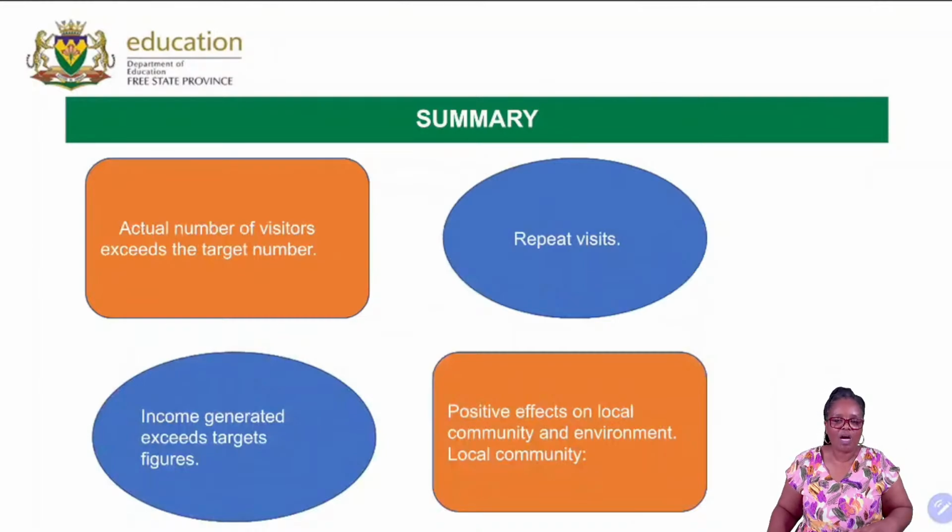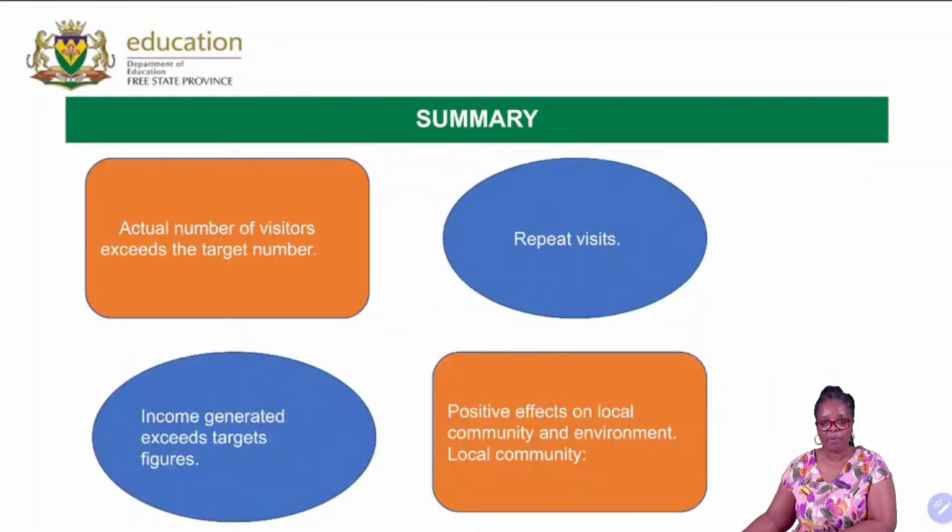And we talk about that they are making more money, more than what they have planned for. And the way they're operating, they have a positive impact on the local people and the environment. There is no pollution around the area, and local people have been employed in that area. That's what you talk about.